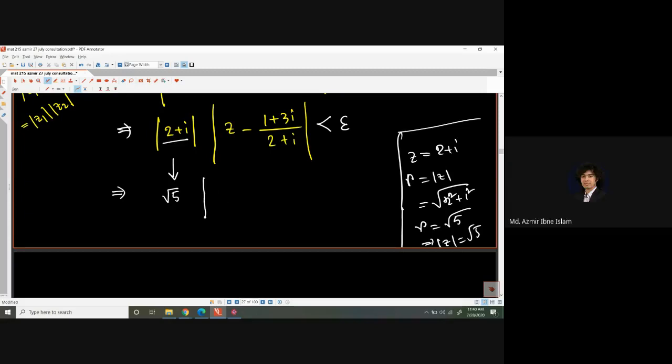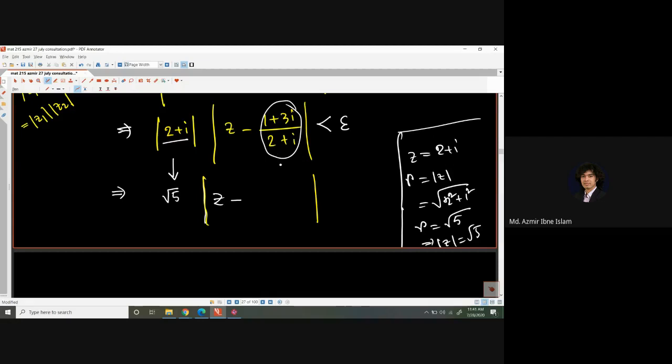And here we have another part inside this, z minus (1 plus 3i)/(2 plus i). You can see the p by q form. That is also a complex number, but in week 1 you have dealt with this type of problem.